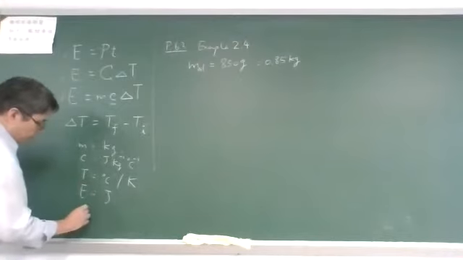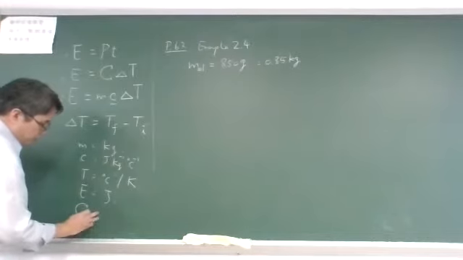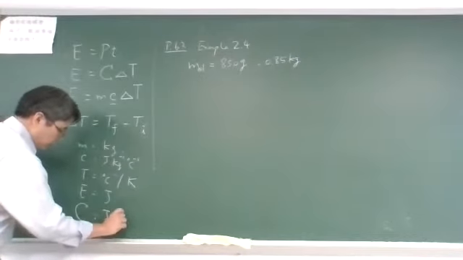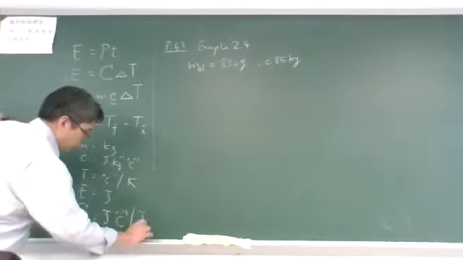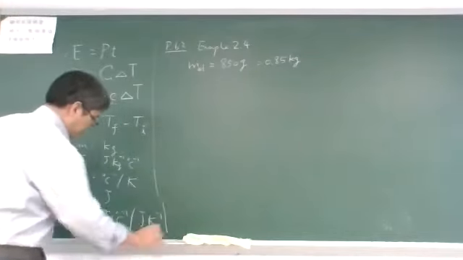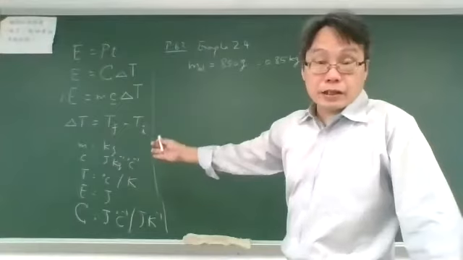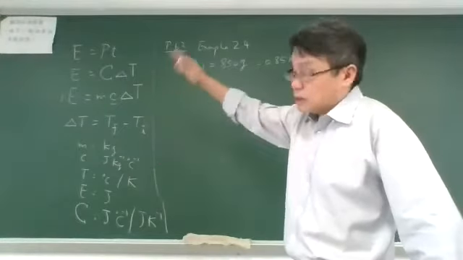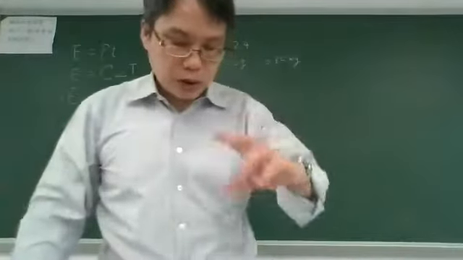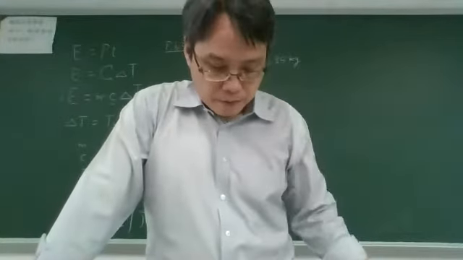For specific heat, and for heat capacity of the object, the unit is joule per degree Celsius or joule per Kelvin. So these are the standard units to be used throughout this chapter. Gram is not the standard unit, so we need to change it into kilogram in order to obtain the correct answer.